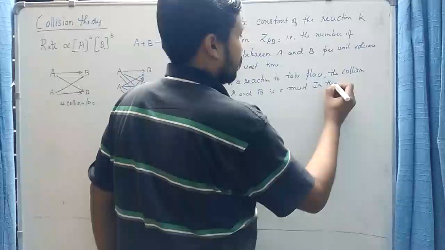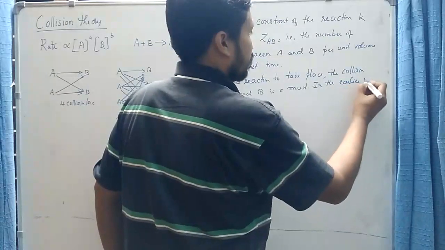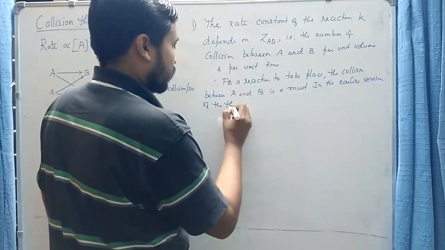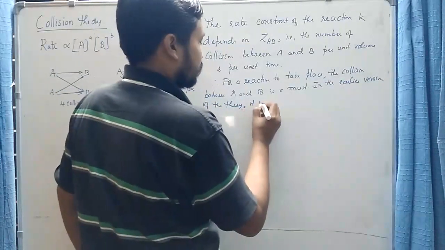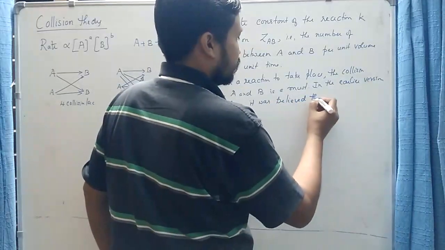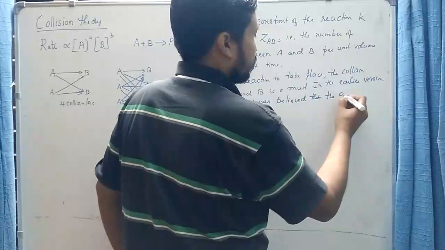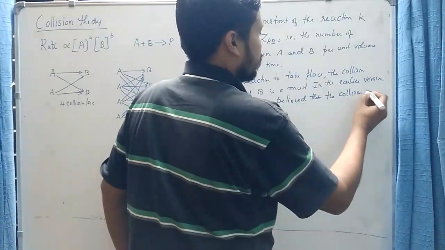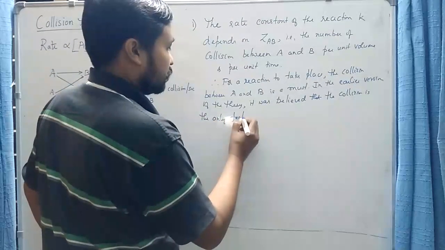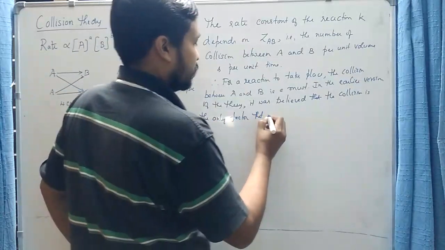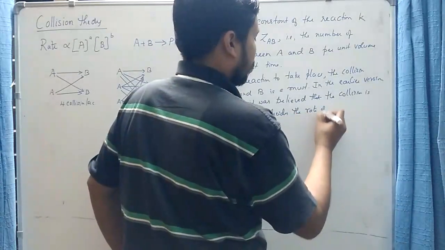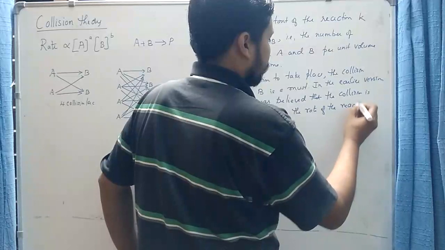In the earlier version of the theory, it was believed that the collision is the only factor that decides the rate of the reaction.